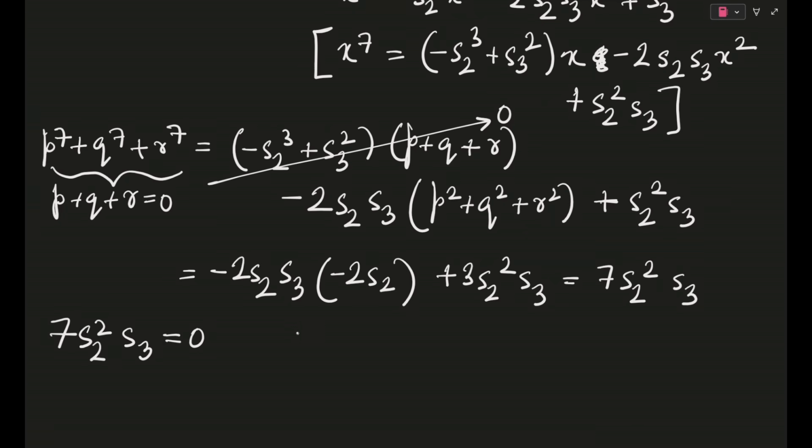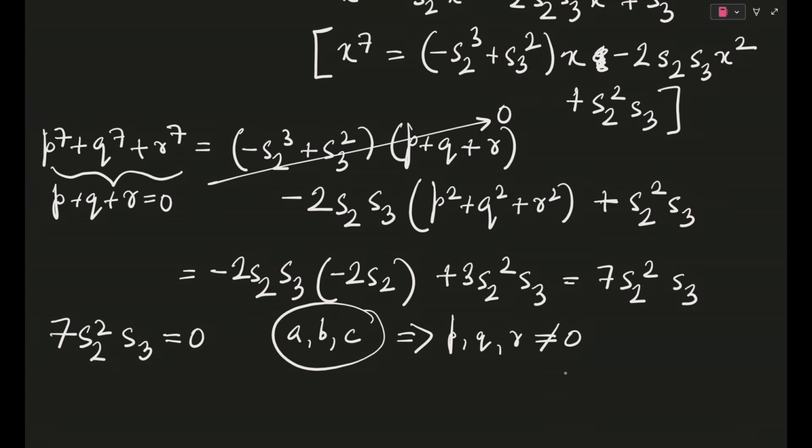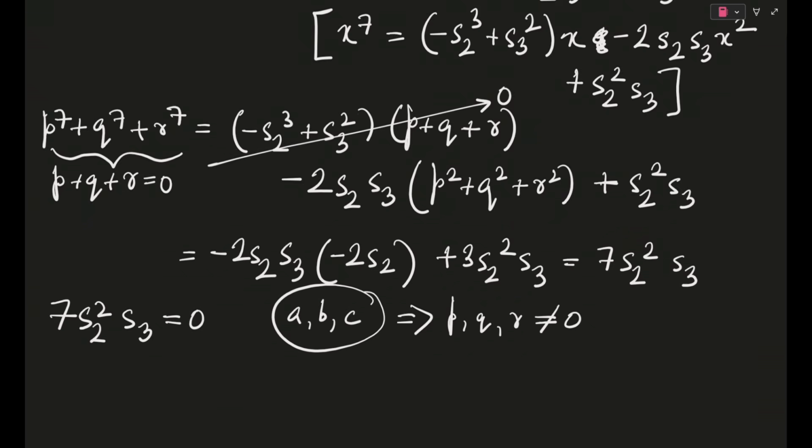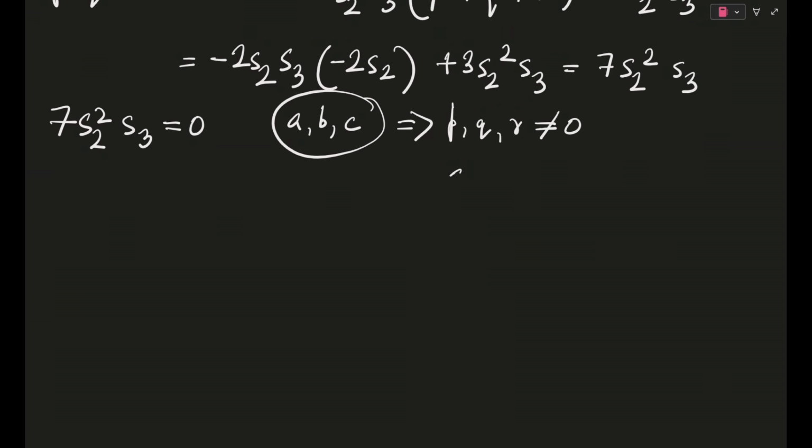And one more thing, guys, because a, b, c are given to be all distinct complex numbers, which infers that we can't have p, q, r equal to 0. All of them will always be not equal to 0, and therefore s3 under any circumstances will not be equal to 0, right? So for that particular case, s2 will definitely become 0.